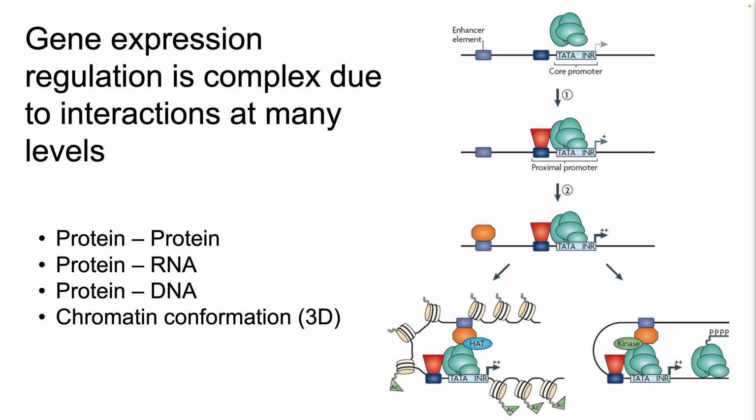This is for the non-biologists in here, or if you haven't had biology in a while. At some level this is probably intuitive, but gene expression regulation is complex, for all different kinds of reasons that boil down to different levels of interaction. So you've got protein-protein interactions, right?